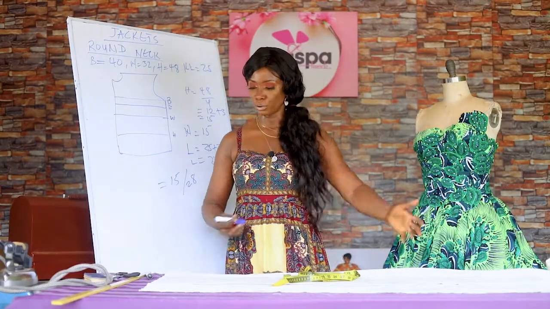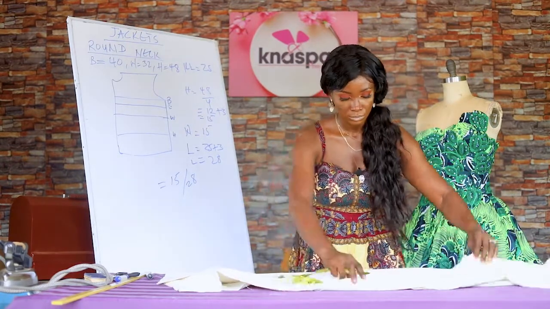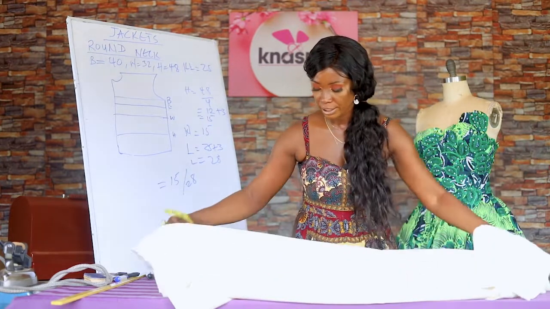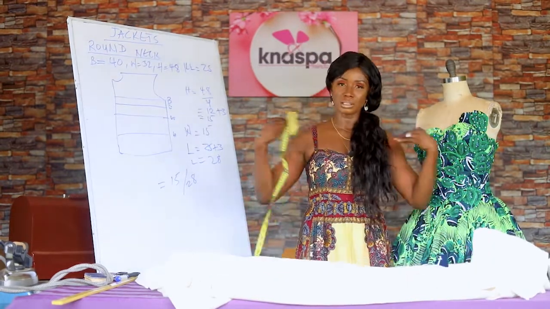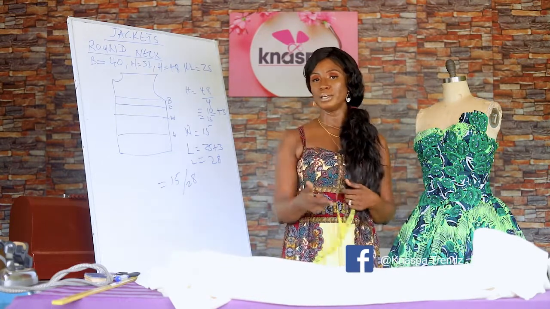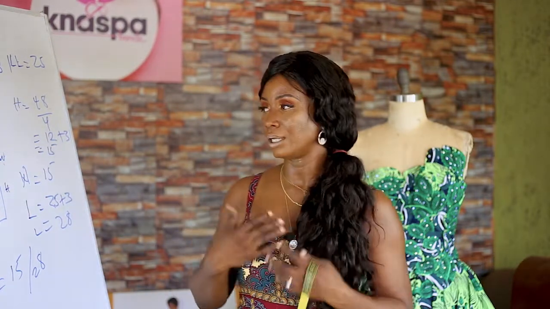So we are just going to fold as usual, how we always do it. So this one, the difference is this time, because it's an open jacket and the opening is at the front, we are going to leave our opening, either your zip allowance or a button allowance, in the front.